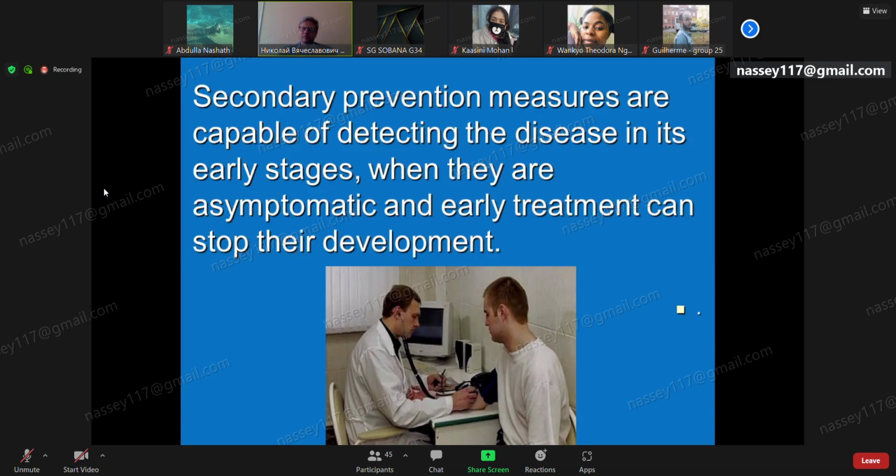Spirography analysis, interpretation of spirometric parameters such as forced expiratory volume in the first second of expiration, or a bronchodilation test with salbutamol.